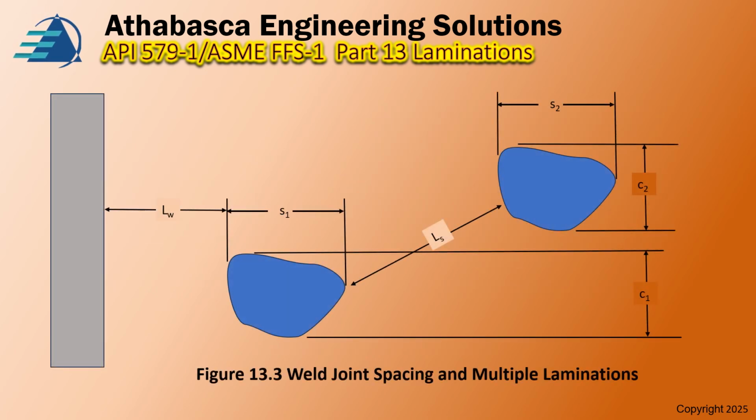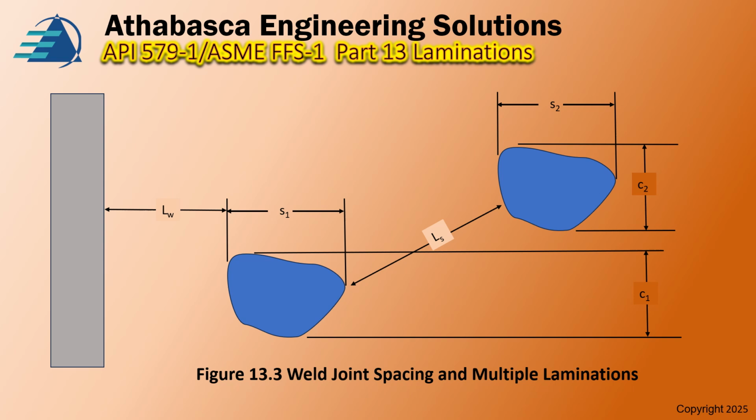Some more geometry we have for you. This is Figure 13.3, the weld joint spacing for multiple laminations. Recall we're going to examine multiple ones. So then it's just straight math. We have S1 and C1, S2 and C2, for our 2 flaws.